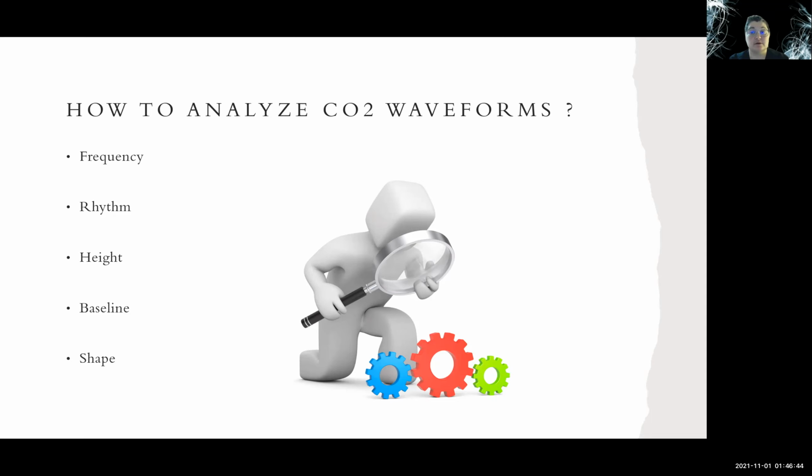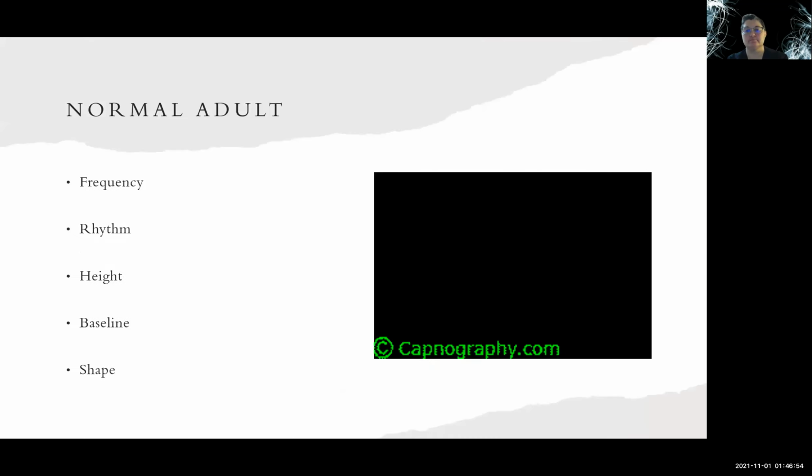So now let's get started on some waveforms and go through what they should look like and how to tell what we're looking at. So here we have a normal adult capnography waveform. So you'll see if this was to continue outward, just keep going and going, it's going to occur with each breath at the beginning of exhalation.